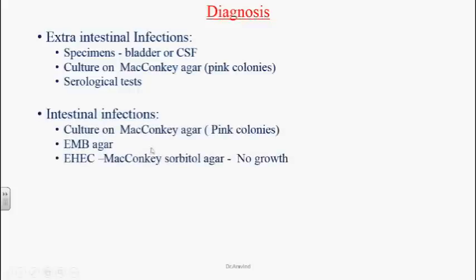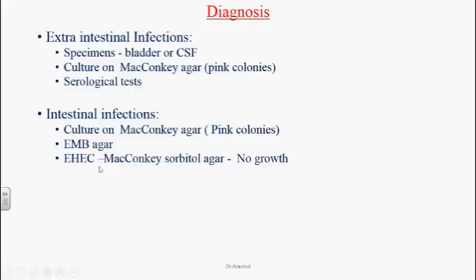Intestinal infections we can diagnose with the help of culture on MacConkey's agar and EMB agar. These organisms grow as pink colonies on MacConkey's agar, whereas on EMB agar they grow as metallic shine colonies. Normally E. coli can ferment sorbitol.